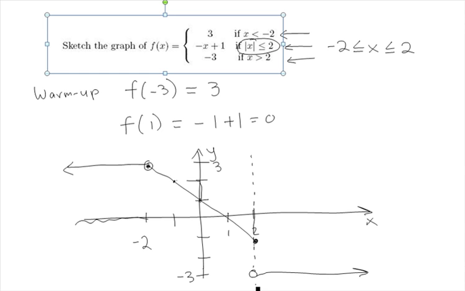If we wanted to find the value of the function at 2, we have to be a little bit careful. Notice that if x is equal to 2, that falls into the middle category, so the value of the function at 2 is the value of the function along that line, which is -1. So that's why we put a solid dot here and an open dot at -3 to show that the value is not -3 when x equals 2.